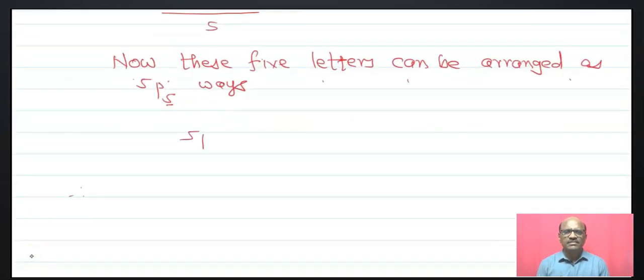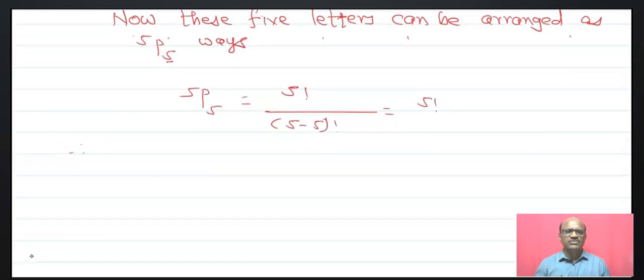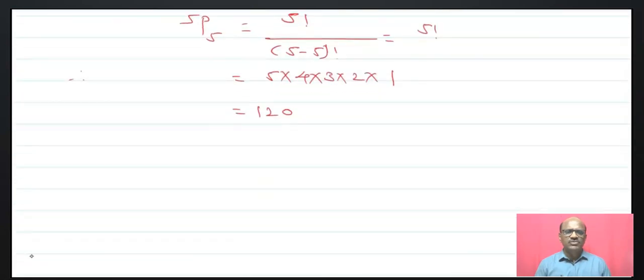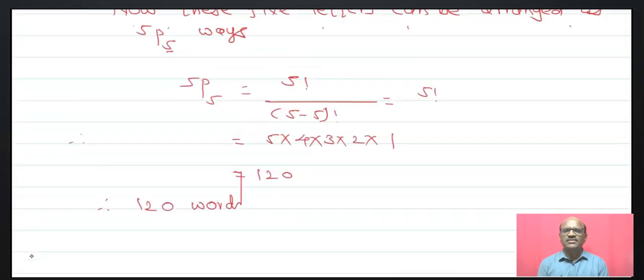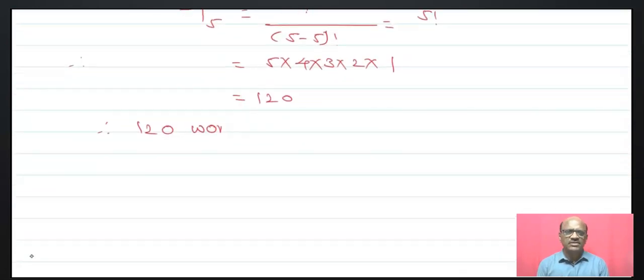Therefore, 5 factorial upon (5 minus 5) factorial, that is equal to 5 factorial, 5 into 4 into 3 into 2 into 1, that is equal to 120. Therefore, 120 words can be formed when it ends with ST.